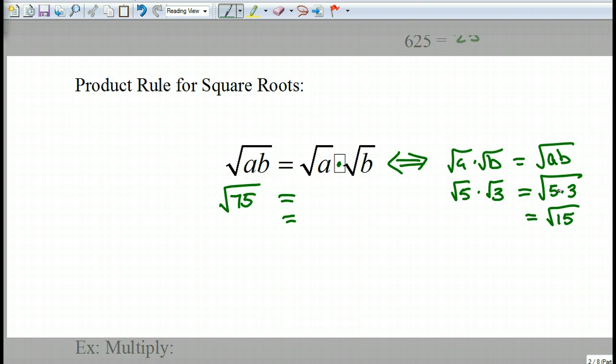Now, to think of it backwards, you can actually simplify a square root. This is where I'm asking you to think about perfect squares. What perfect square goes into 75? From the chart that you just wrote down.